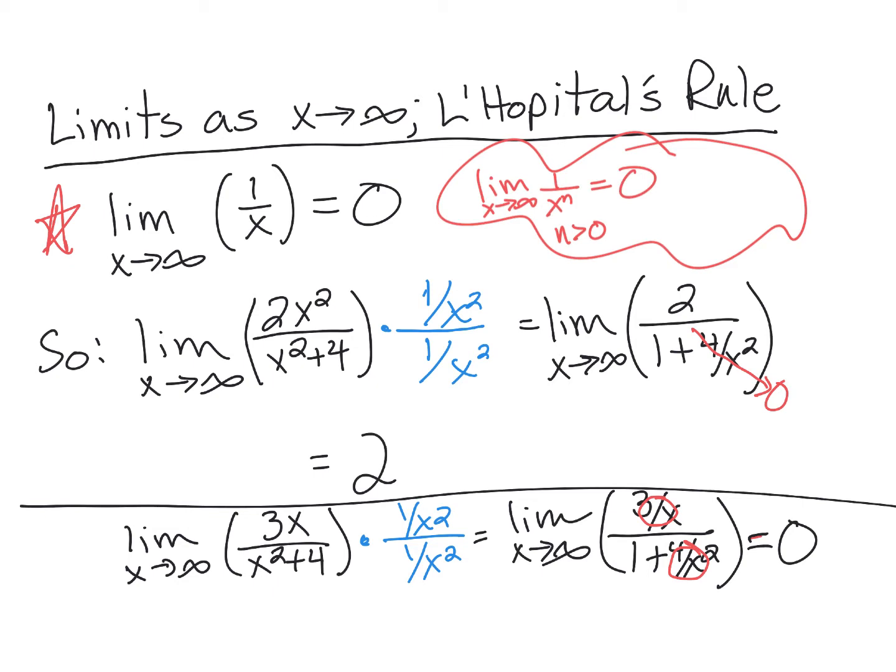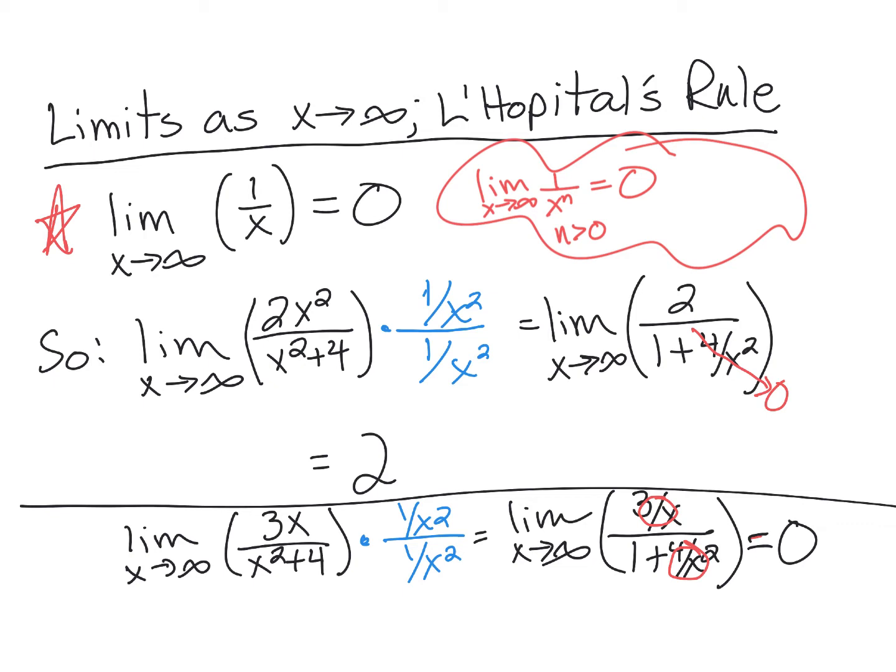So anytime I have x squared in a denominator, that term will go to 0. Anytime I have x in the denominator, that term goes to 0. And we use the highest power in the denominator specifically to get a fraction that has a constant in the denominator. So even if the top goes to 0, 0 over a constant is 0.